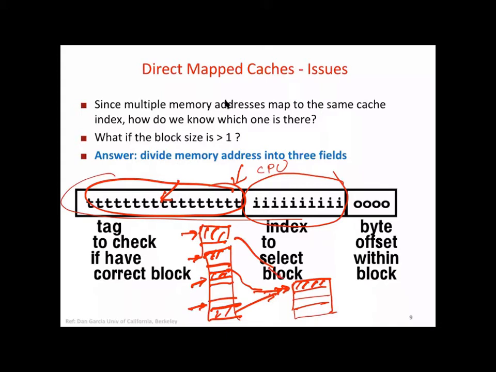So if a particular block is available here, then we will have to add tag bits here. And when this tag matches the address that is issued by the CPU, then we know that this particular block is available.